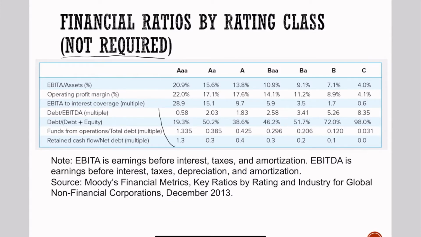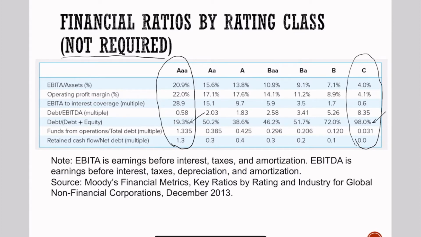So the best or most secure bond versus the bond with the highest risk, you can see that the number difference is huge. Just pick any number. You can see this debt versus debt plus equity. For this AAA firm, it's about 20%. And for this C-rated firm, it's almost 100%, right?